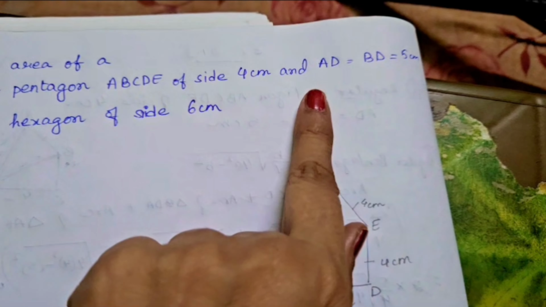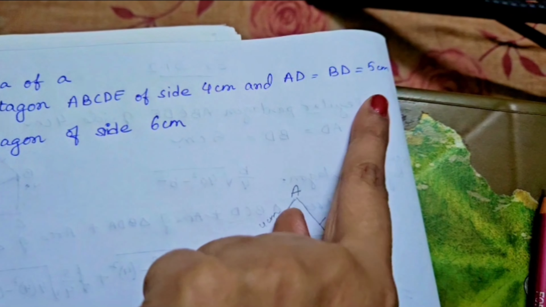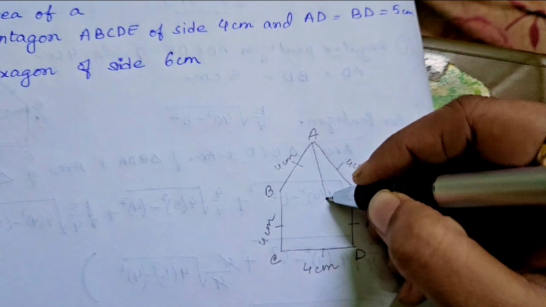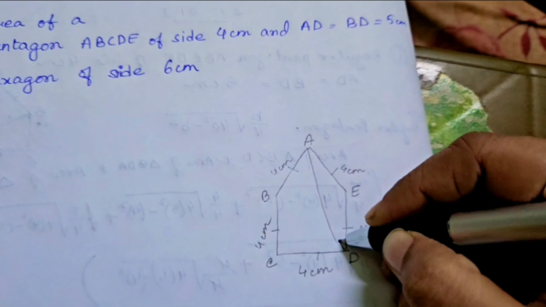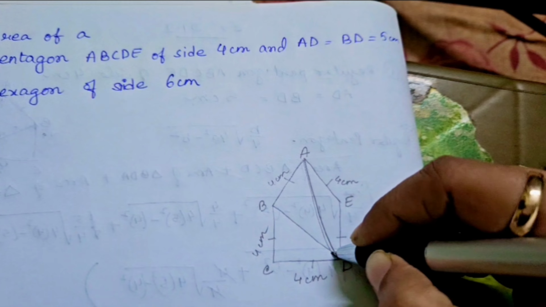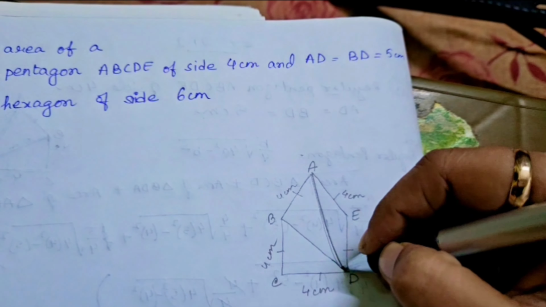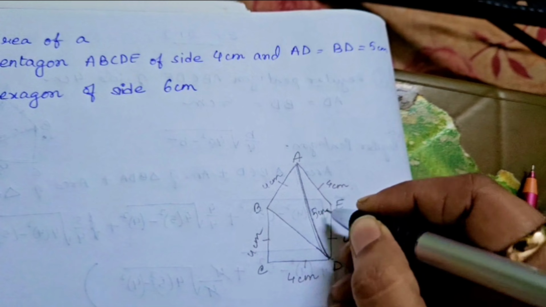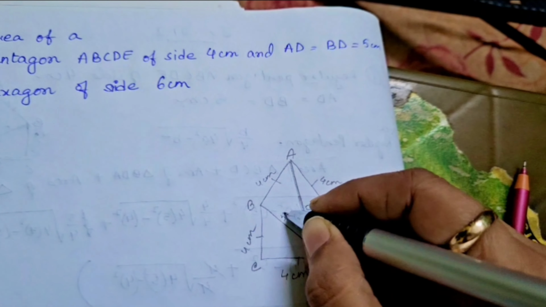Next, what is said is AD is equal to BD equal to 5 cm. That means we join A to D, and the line is a bit tilted, and from B to D. Joining A to D and B to D, AD is 5 cm and BD is also 5 cm.